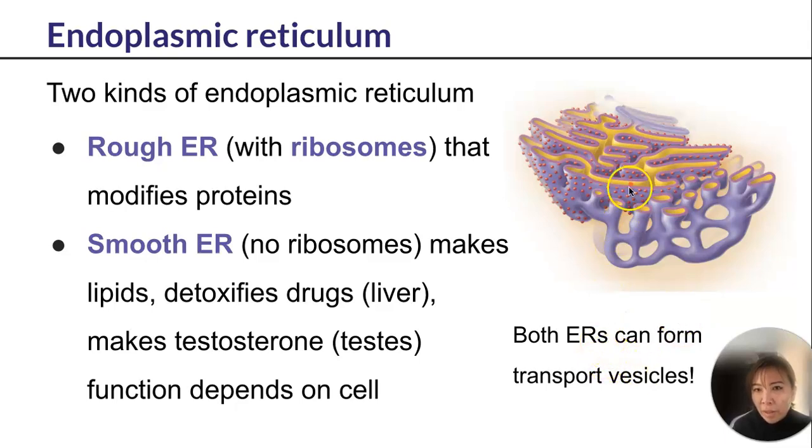But both ERs, both the rough and smooth, can transport vesicles carrying protein and lipid over to the Golgi apparatus, which will then break off, and we can send that, as we mentioned, to different parts of the cell as well as to the cell membrane.